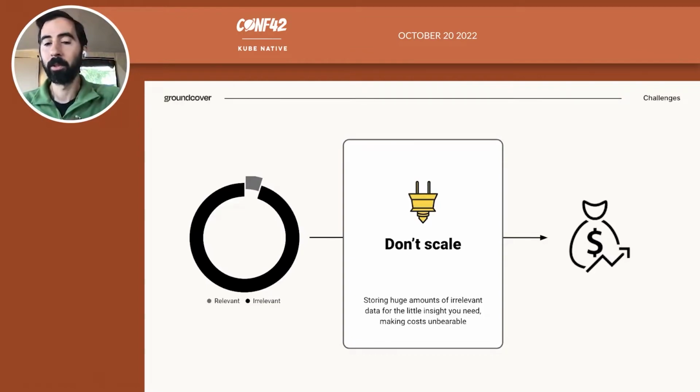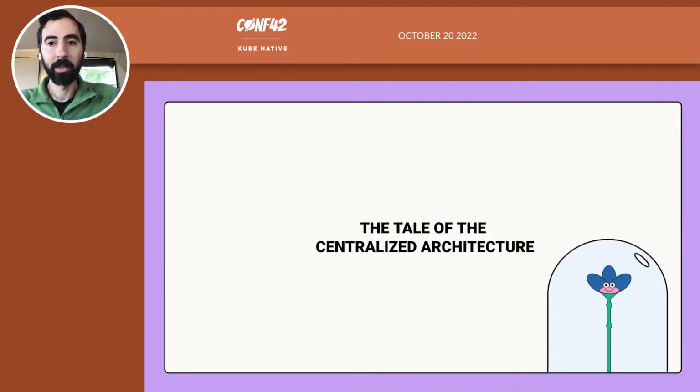But another question is starting to emerge here, and how did we get here? How did we get into a state where an APM solution is storing tons of irrelevant data just to give me the little information I need to monitor my production? And to understand that, we have to kind of go back in time 10 or 15 years back to when APMs started as they are today.